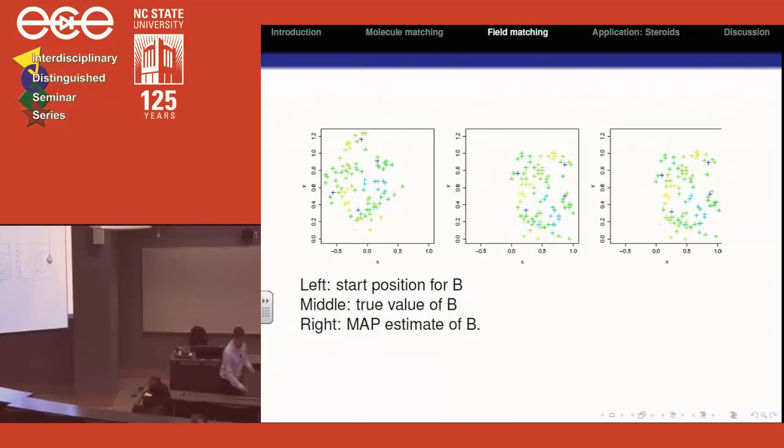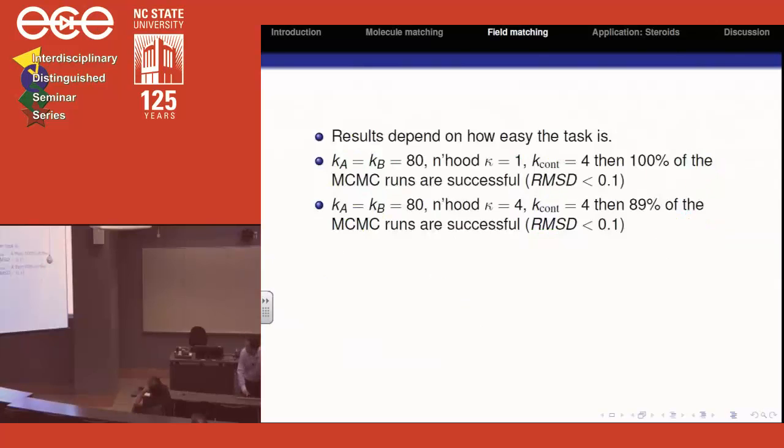So I wanted to see how often this works. Basically, if the problem's easy enough, then we ran lots of simulations, and 100% of the runs out of 100, I think it was, were successful. But then as you start to make the problem a bit more difficult, so they don't match up so well in the first place, then you start getting some failures of the algorithm.